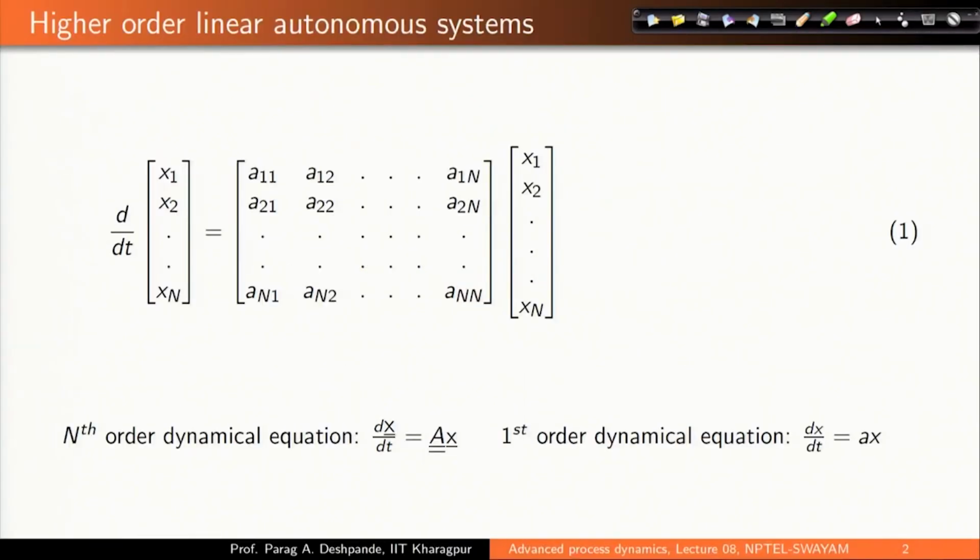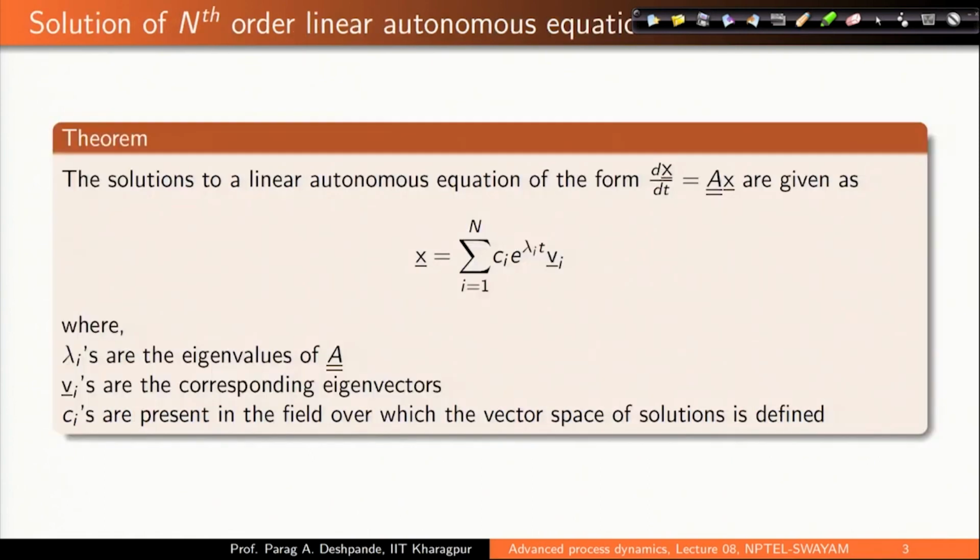So, as a quick reminder, we are looking at higher order systems which can be expressed in this particular form, and the solution was given as x bar is equal to summation C i e to the power lambda i t V i bar, where lambda i are the eigenvalues and V i's are the corresponding eigenvectors.